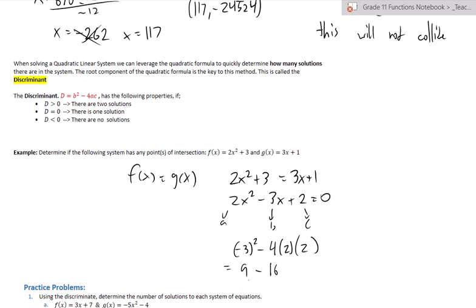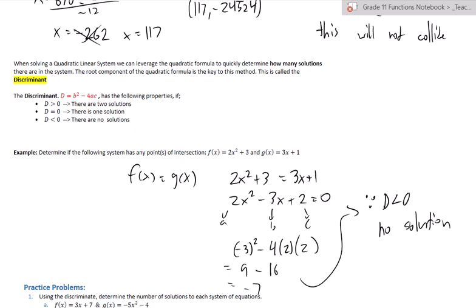That's going to give us negative 7. And since D is less than 0, no solution. So instead of going through the full process, we're able to see a little quicker that there are no points of intersection in this particular system.